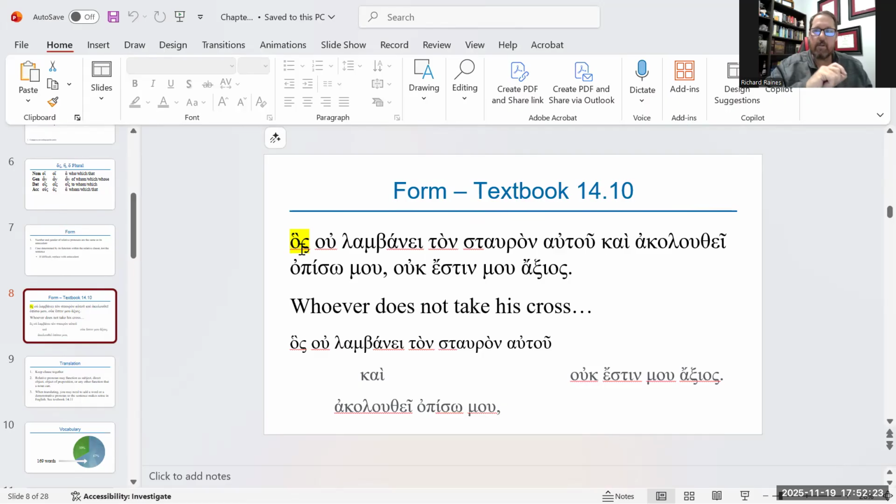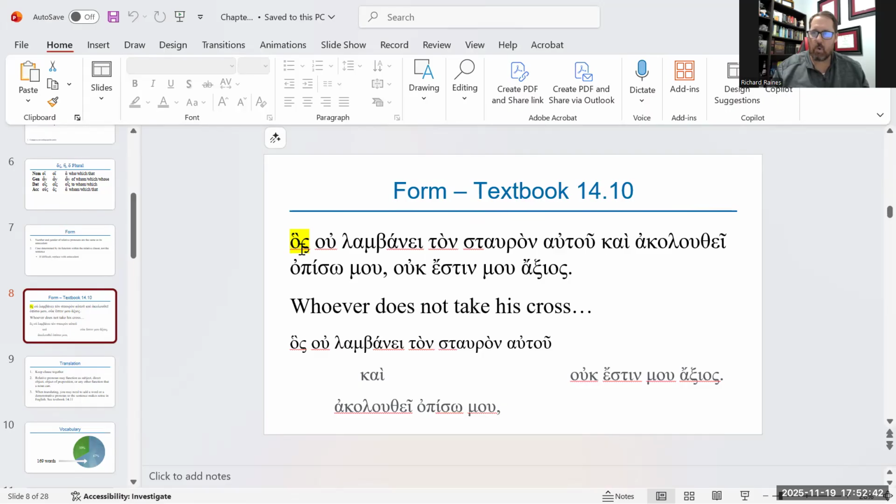So there's a difference between knowing the Greek word, knowing that hos is a relative pronoun and it means who, which, or that, versus translating hos. Because, remember, when you're translating from Greek, you're translating so that it makes sense.